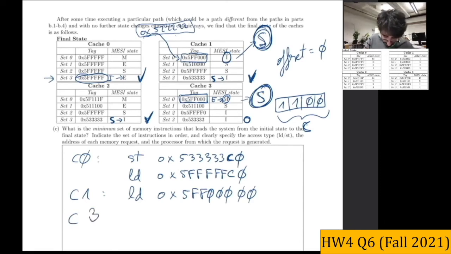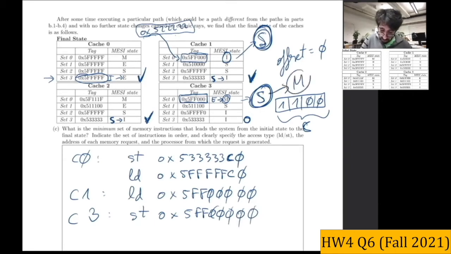In cache 3, just store our cache line 000 in set 0, offset 0. And doing this, we modify the state in cache 3 and invalidate the state in cache 1. So that is the solution for this question.